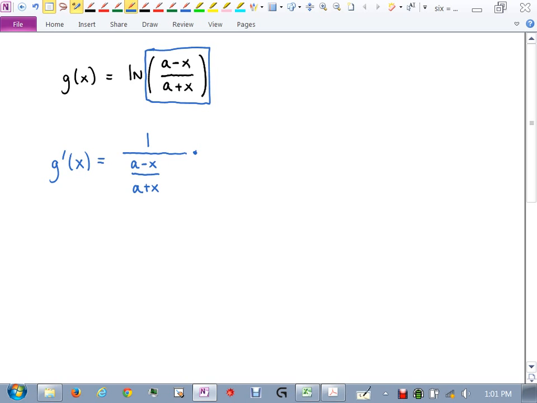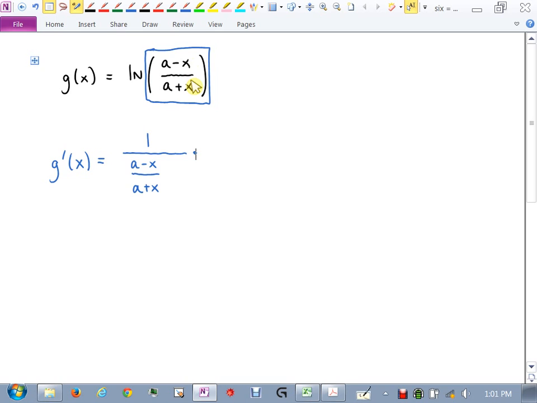Remember, with the derivative of natural log of something, you don't have to put natural log e down here. If it was log base 2, you'd have to put natural log 2 down here. But it's natural log. So the derivative of what's inside requires a quotient rule: derivative of the top times the bottom minus derivative of the bottom times the top, all over the bottom squared.